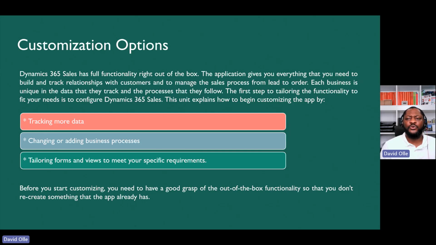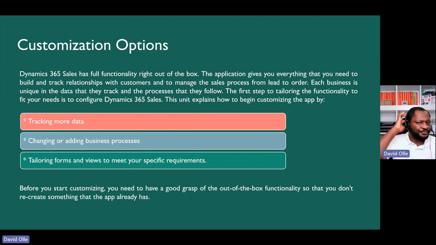What the application gives you is everything from being able to build and track the relationship you have with your customer, all of the tables that you need, and all of the views. Think of views as a grid, where you can see a list of important attributes or columns in your table.